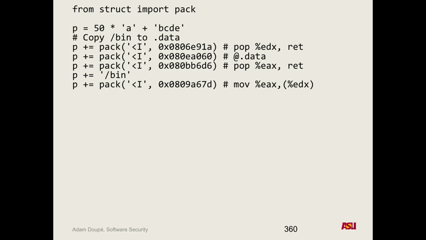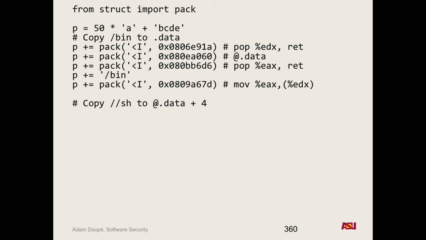So when those 4 execute, we've now copied those bytes there. Are we done? No, we need to copy //sh to .data + 4. Why +4? Yeah, we've already put 4 bytes there, right? We don't want to overwrite those bytes, so we want to start at +4.